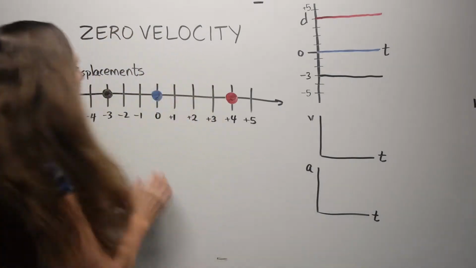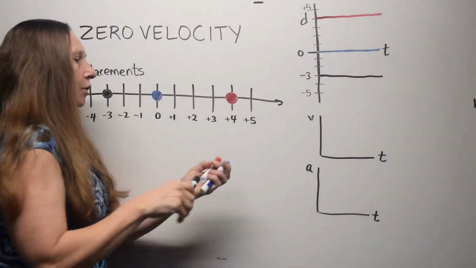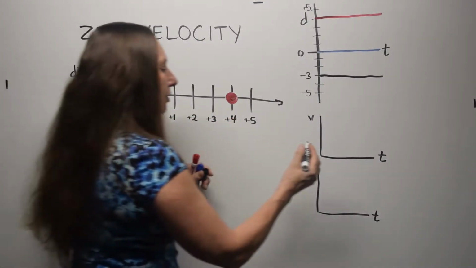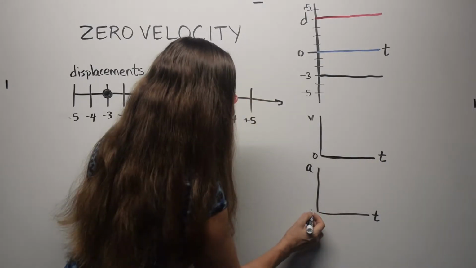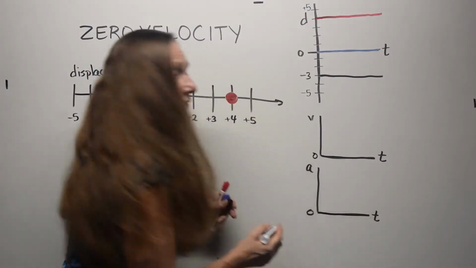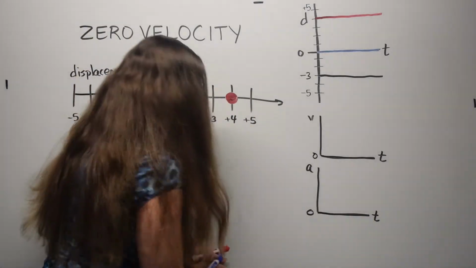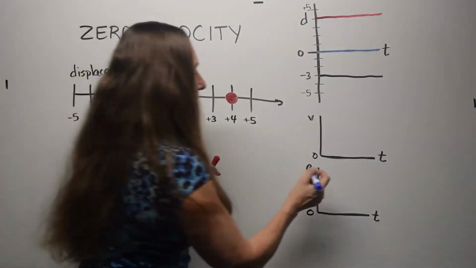Now, they're all standing still, so all of their velocities are 0, right? And all of their accelerations are 0. They're standing still. They have no speed, no velocity, and no acceleration.